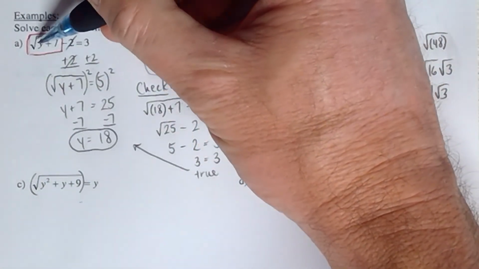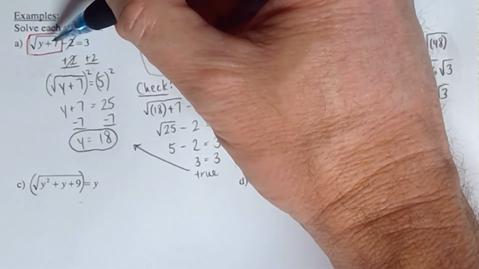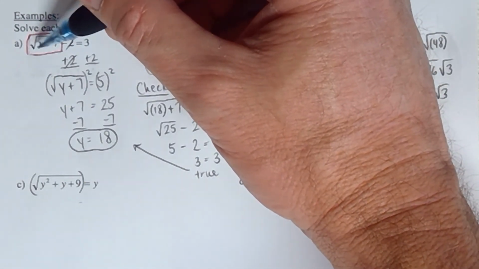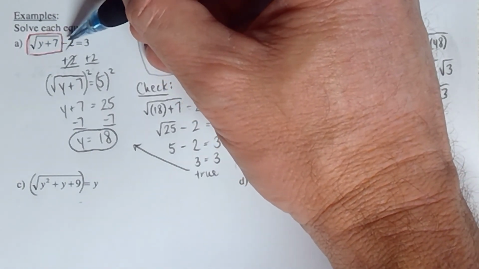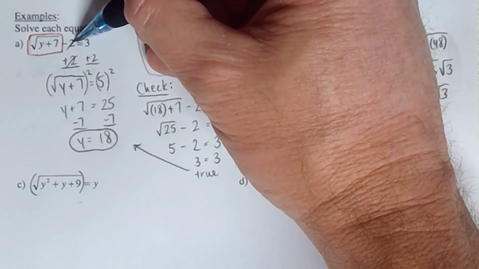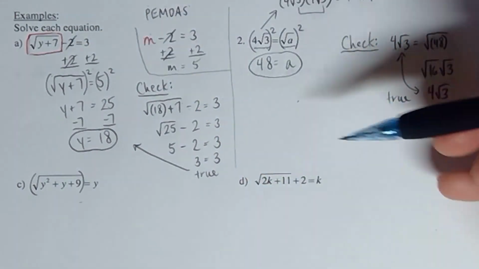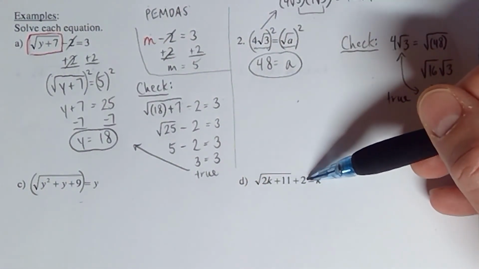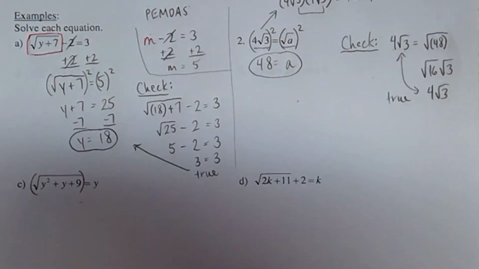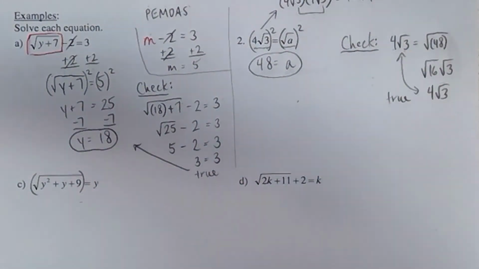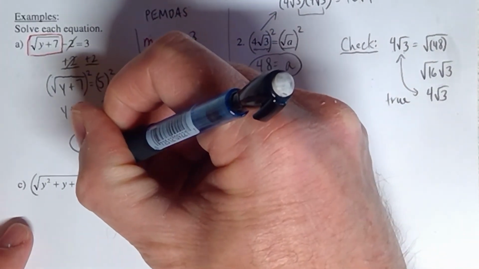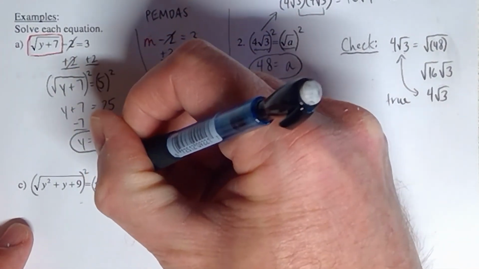It's when you have a radical term, in other words, a radical or a radical times something, and it's being, say, for example, subtracted with something like -2, or like in problem D, you've got a radical term and it's being added with a term like +2. That's when you got to do that first step before you square both sides. That's when it's really important to do that.